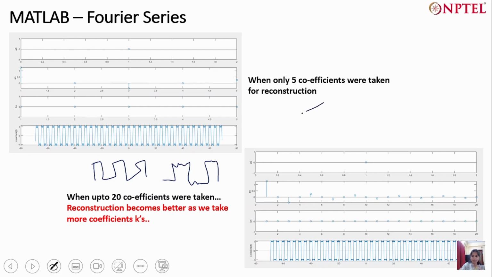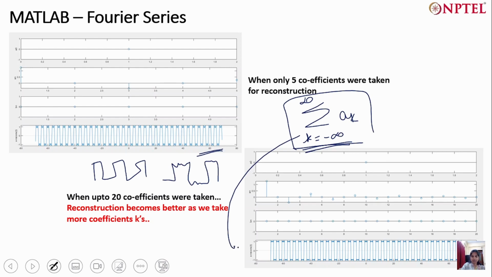If you remember, we have summation k equal to minus infinity to infinity ak. So if I take just 5 terms and don't take infinite terms, I cannot reconstruct my true signal correctly. But if I keep adding more and more ak terms together, I'll be able to reconstruct the signal much better.